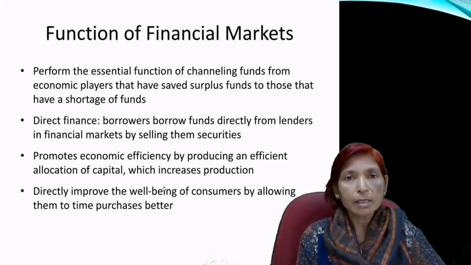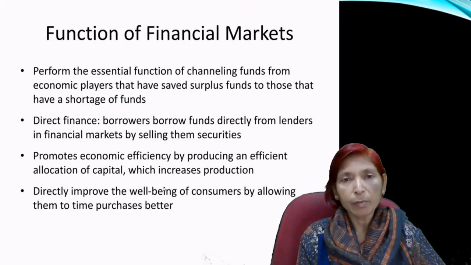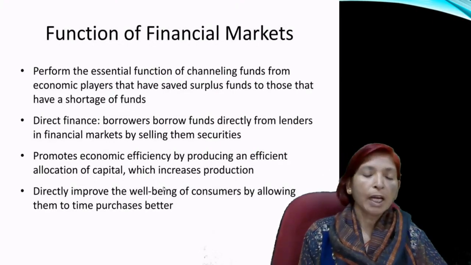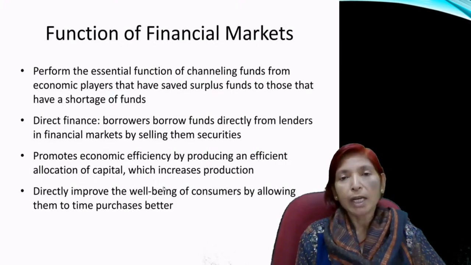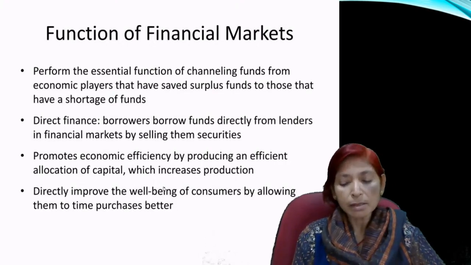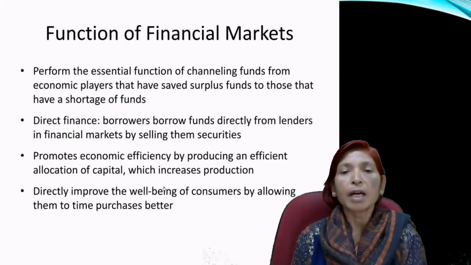When production increases, employment opportunities will be generated, investment will increase, income will increase, economy will grow, and economic development will be possible, and it directly improves the well-being of the consumers also by allowing them to time purchases better. So these are the main functions of financial markets.